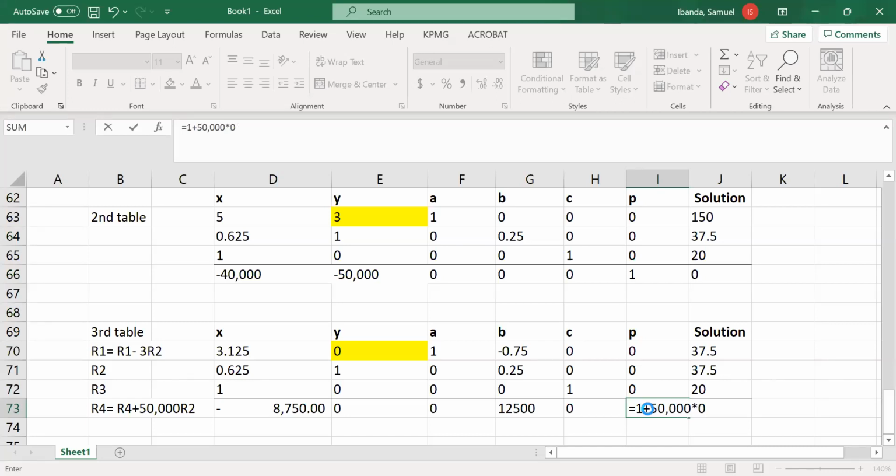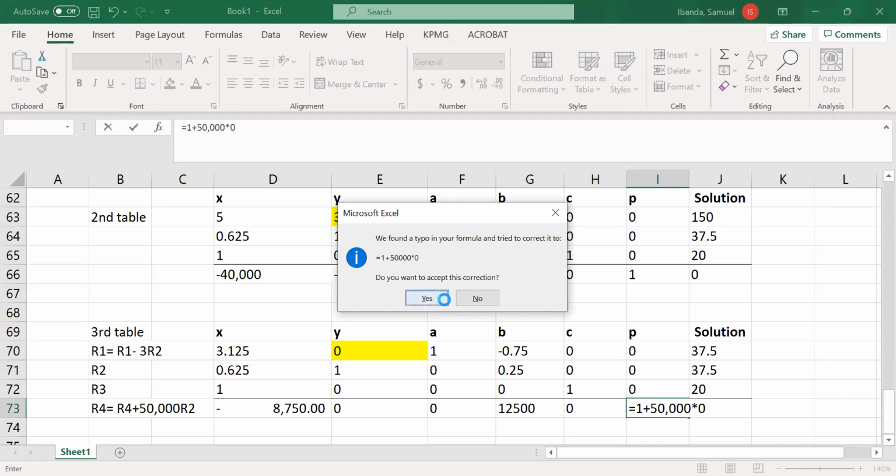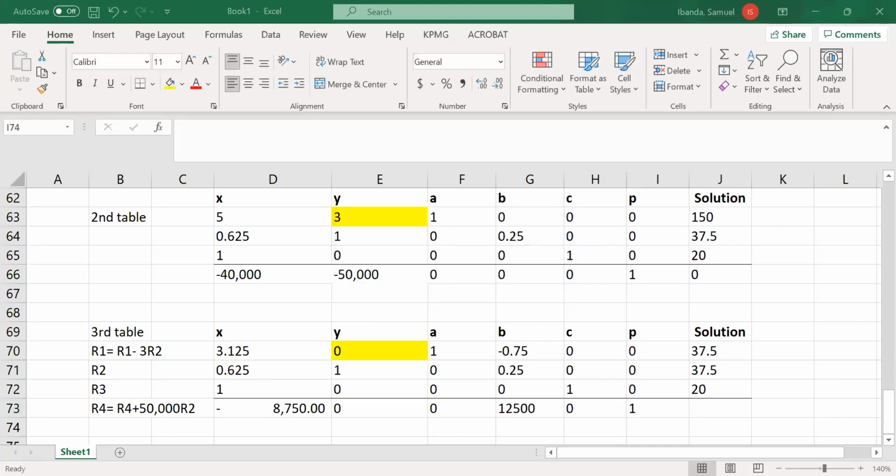I'm just trying to demonstrate this for you, which will be a 1. So that will be 1 automatically. Okay. That's what we have.